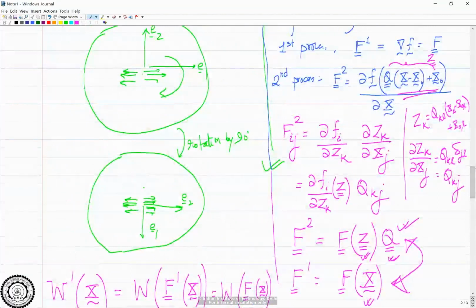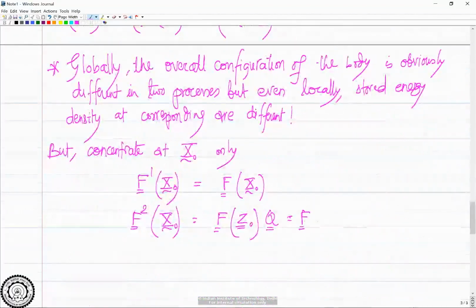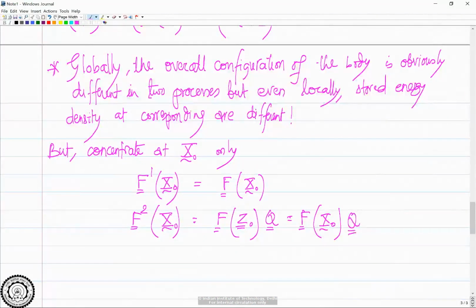When you put x equal to x naught, what is z naught? Anybody? Pulkit? Yeah, x naught, right. So this is same as big F of x naught into big Q. So you see at point x naught, at least these two are the same, right? There's just a difference of big Q. At other points, these were also different, but at x naught, at least these two are the same.